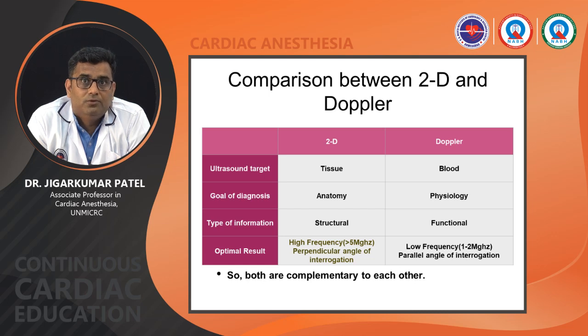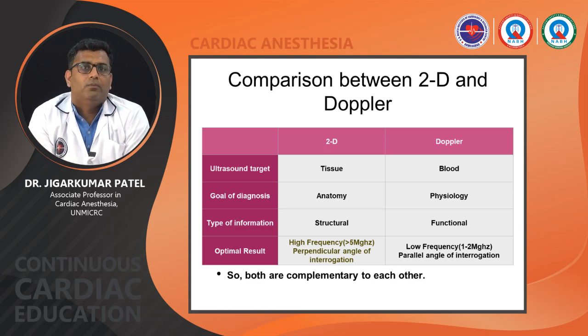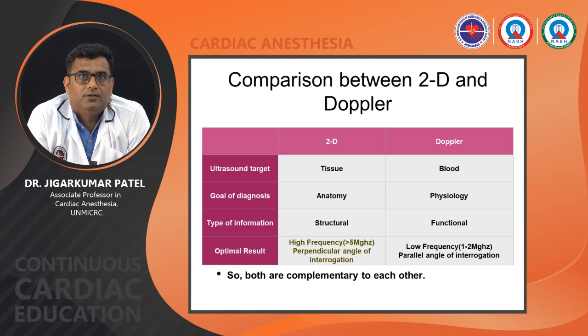The type of information in 2D is structural, while in Doppler it is functional. For optimal results, in 2D we use high frequency and a perpendicular angle of interrogation, so you have to take the image in the center of the field. While in Doppler you have to use a low frequency probe and a parallel angle of interrogation to get the best image. So 2D and Doppler are complementary to each other.